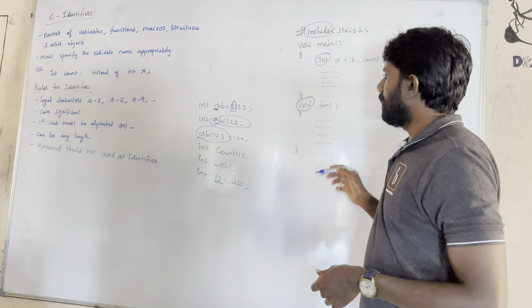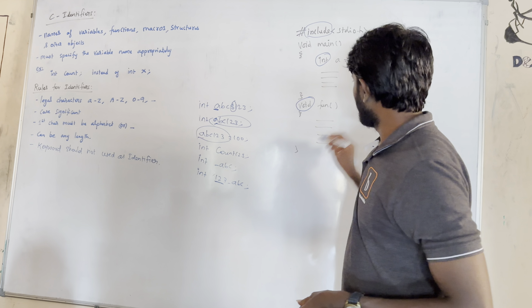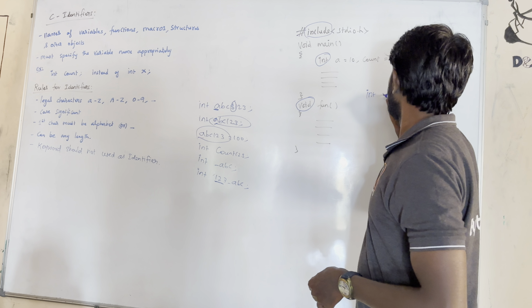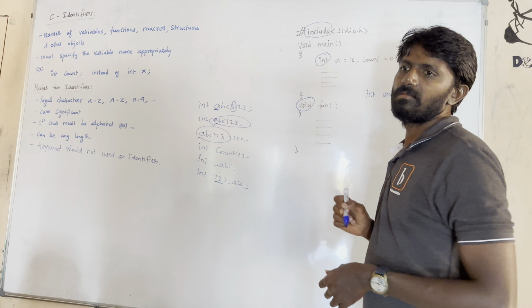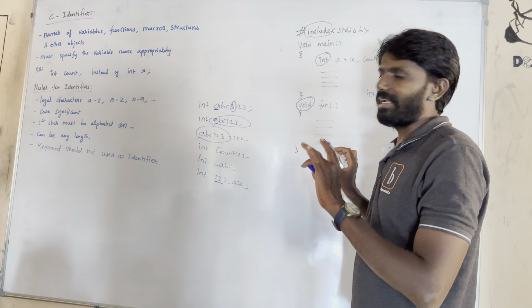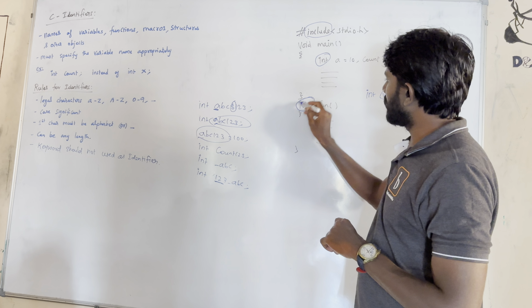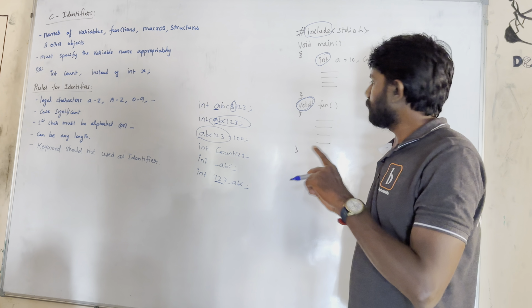So these should not be used as identifiers. It means you should not declare a variable like this, int void. See, int a you are declaring, int count you are declaring, that is valid. But int void if you declare, for this void already some other meaning is there. That you should not use.